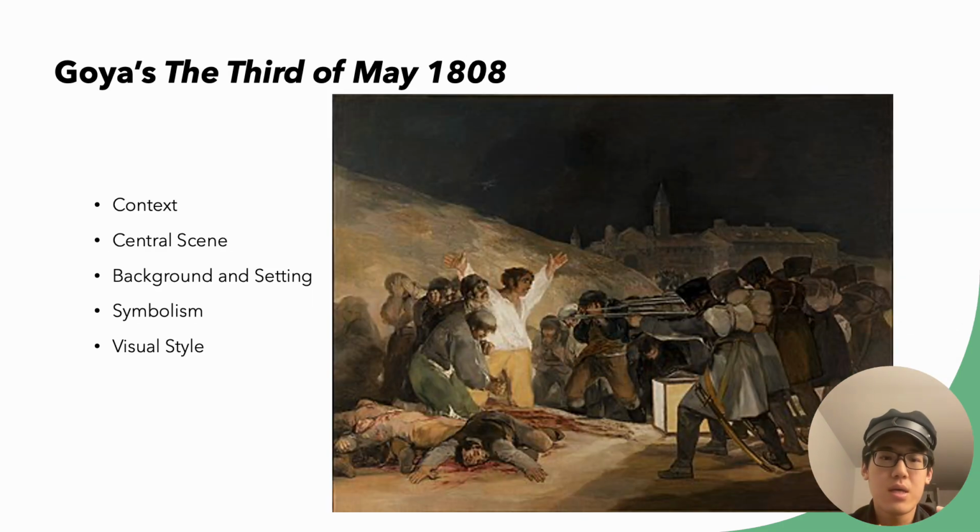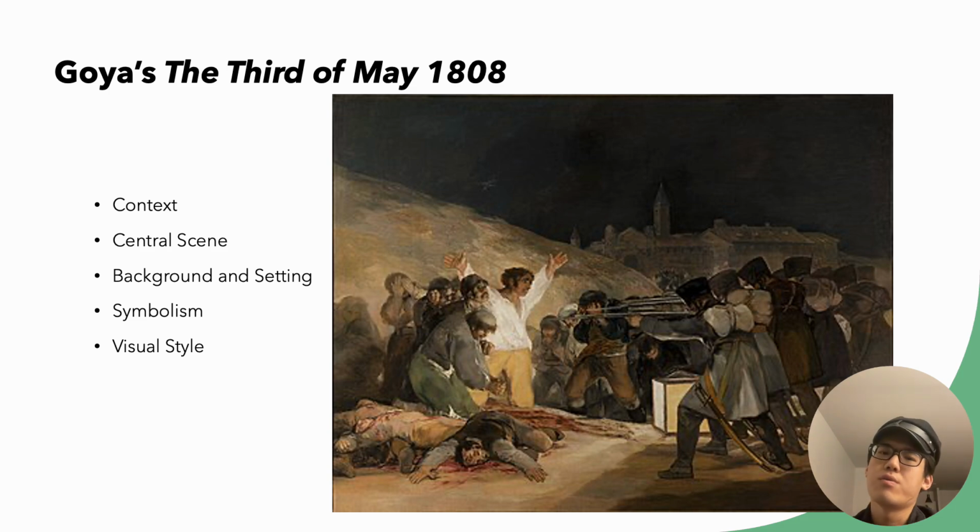The second work is by Goya, called The 3rd of May 1808. As for the context, it was painted in response to the Napoleonic occupation of Spain and the massacre of Spanish civilians during the Peninsular War. It reflects Goya's personal experience with war and his empathy for its victims.